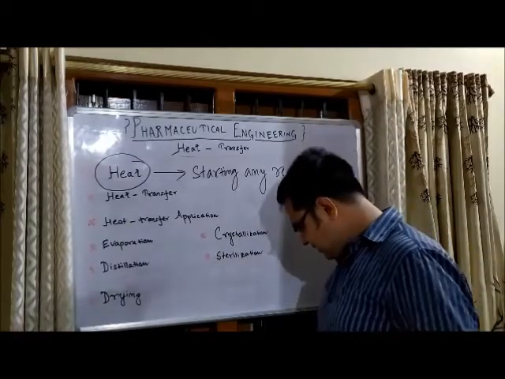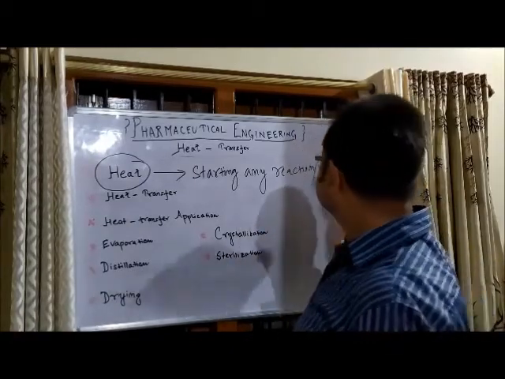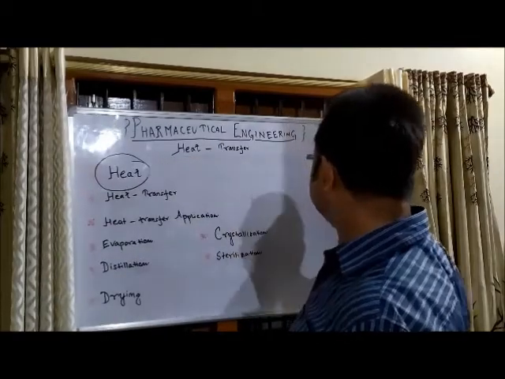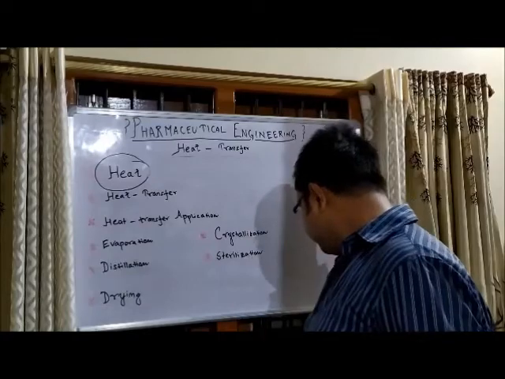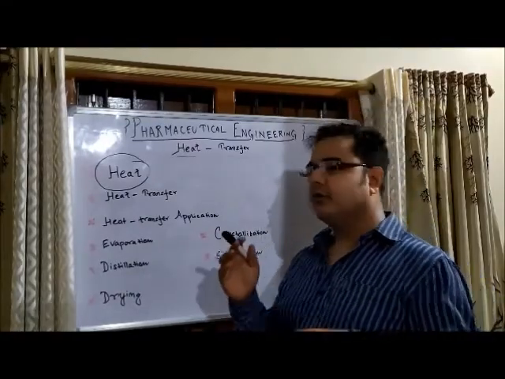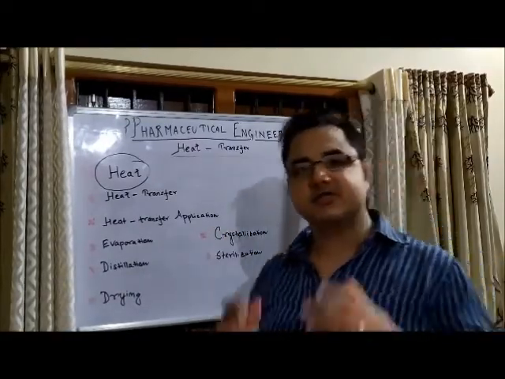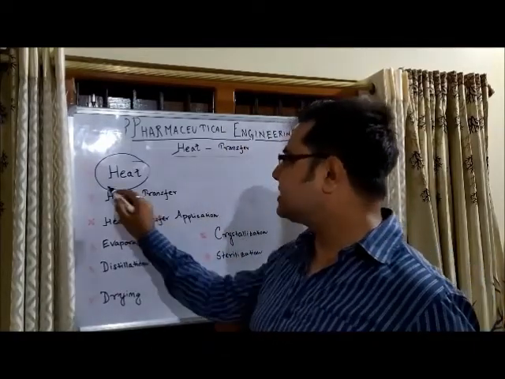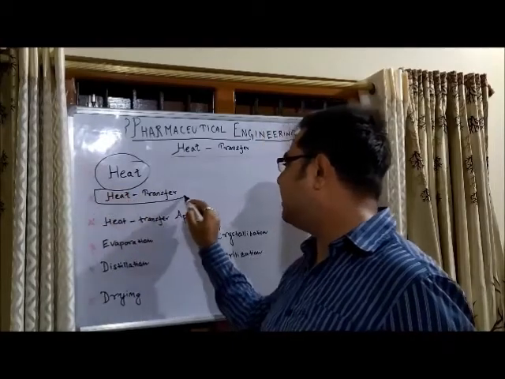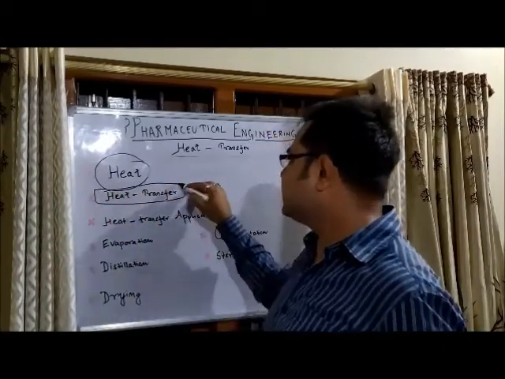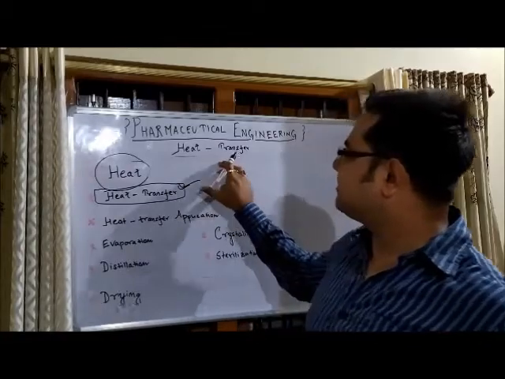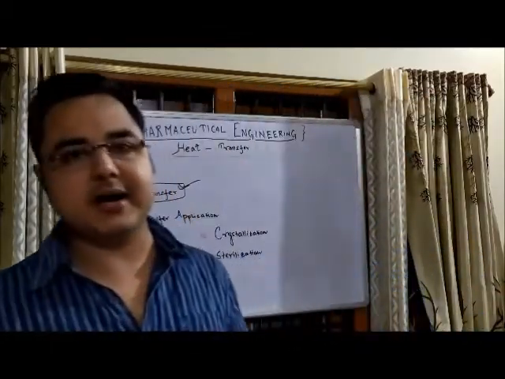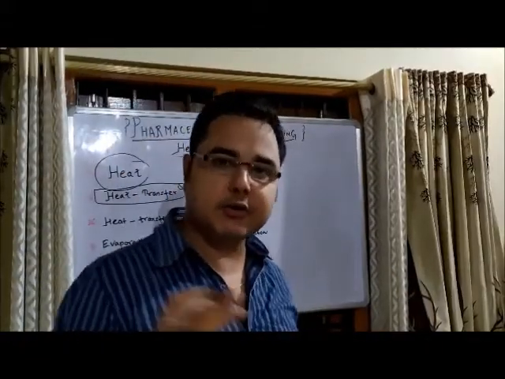Now, as we know, this heat is utilized in the pharmaceutical unit operation. So how is the heat transferred? How is the heat transferred? The next concept is the heat transfer concept. This is the actual concept. The name of the chapter is also heat transfer. Now, how does this heat transfer take place in the pharmaceutical unit operation?